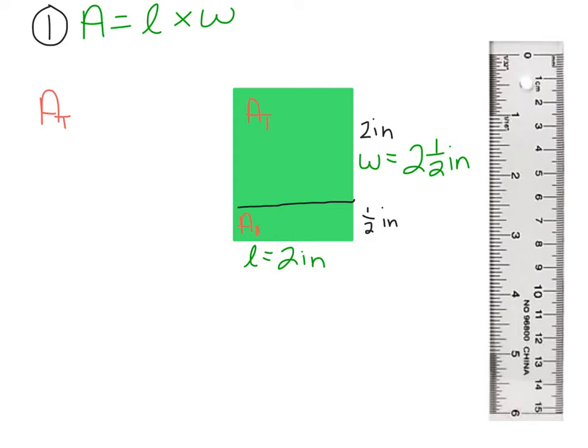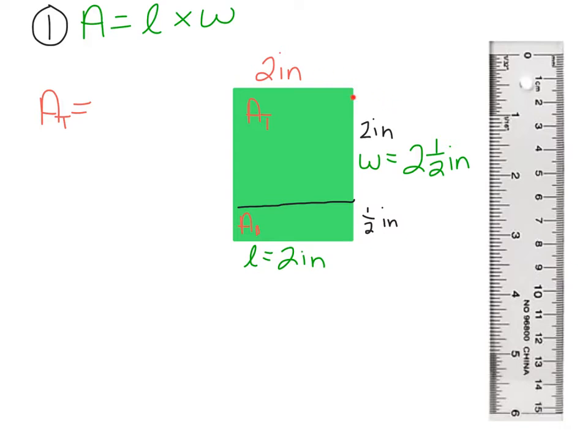Area of the top, let's look. I know that it's going to be 2 inches. Let's label that. Even though it's labeled at the bottom, we can label it at the top too. So I have length times width, and this is 2.